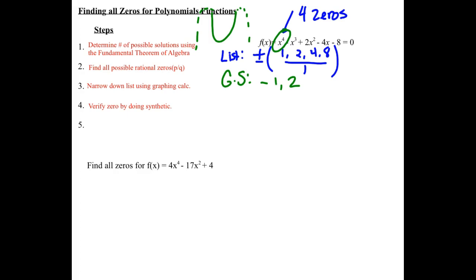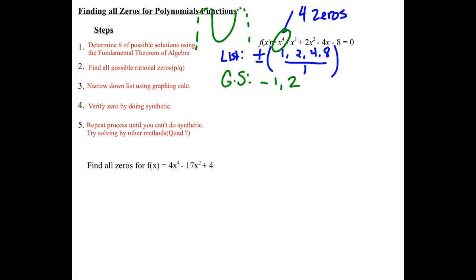All right? We have to show that they actually work. And by pulling out those 2 zeros synthetically, we are going to take this x to the 4th polynomial down to an x squared. Okay? And then our last step will be to take that remaining polynomial and find those zeros.